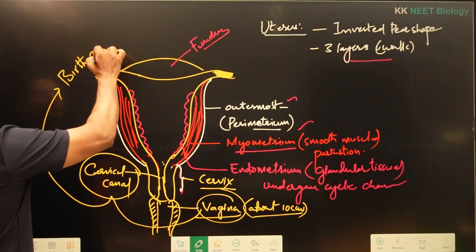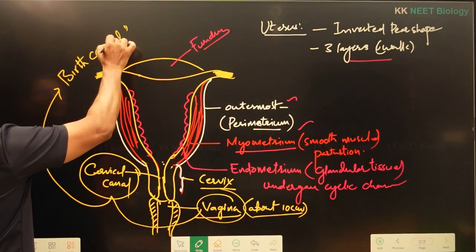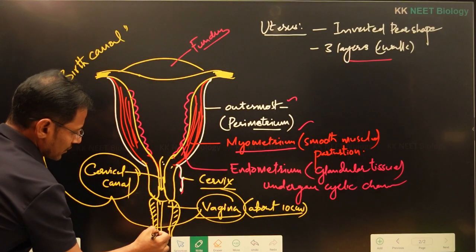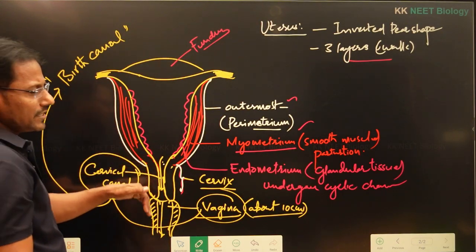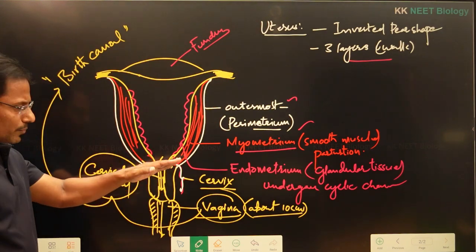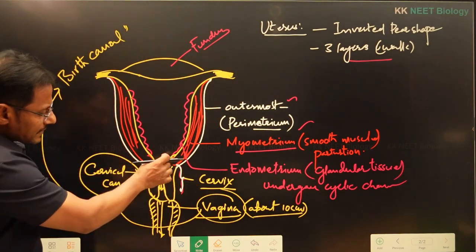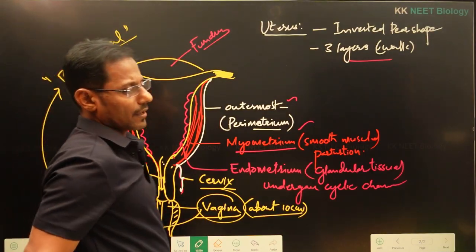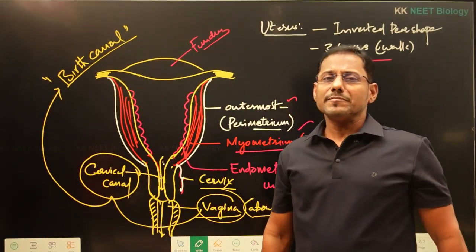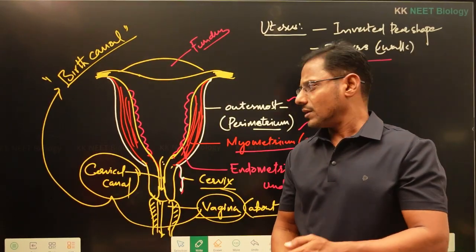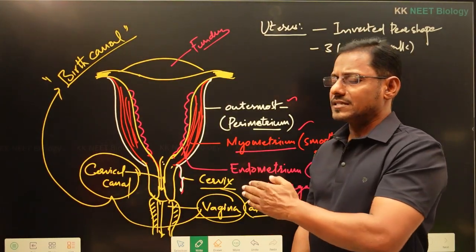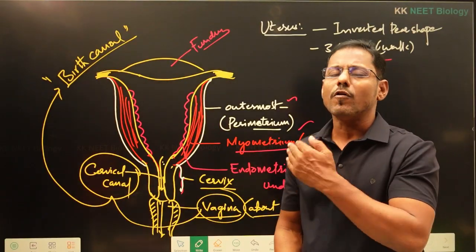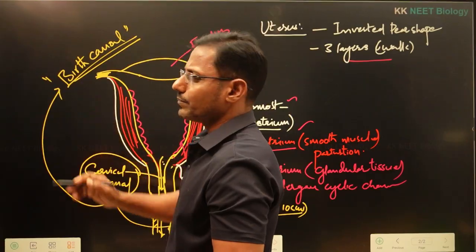This is the vaginal passage and this is the cervical canal, and these both together we call the birth canal, because the baby is delivered through the cervical canal and the vagina. So the birth canal contains the cervical canal along with the vagina.